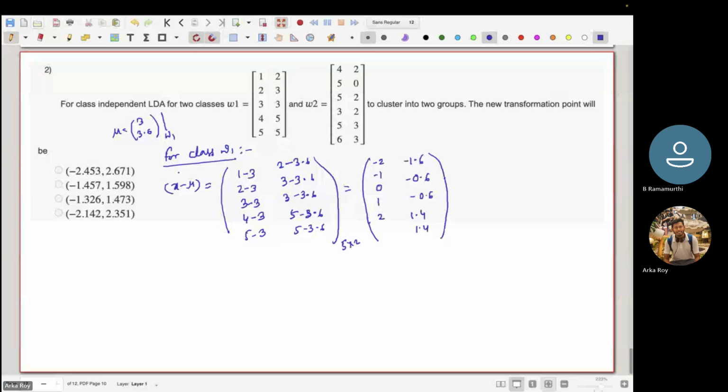Fine, so I can write it like this: minus 2, minus 1, 0, 1, 2, minus 1.6, minus 0.6, minus 0.6, 1.4, 1.4. And then let me just copy this. I will not write this thing again and again.